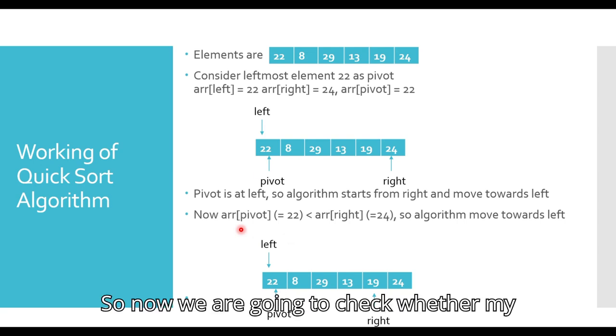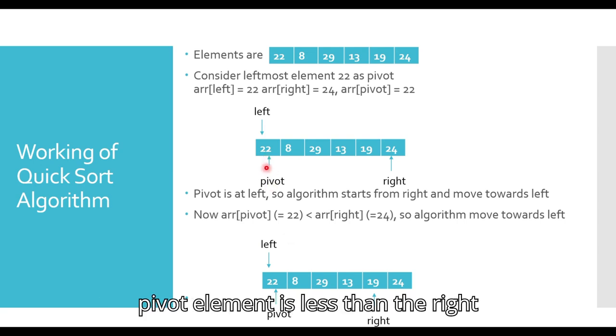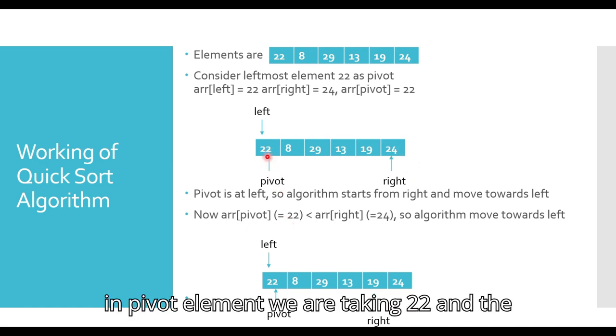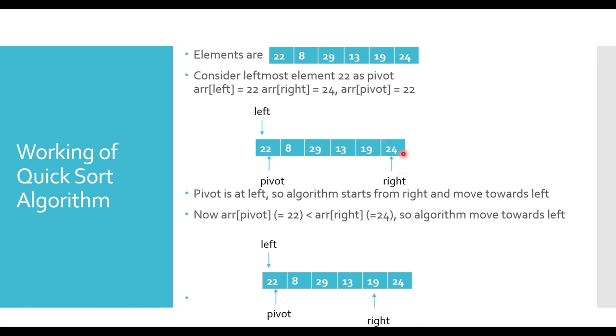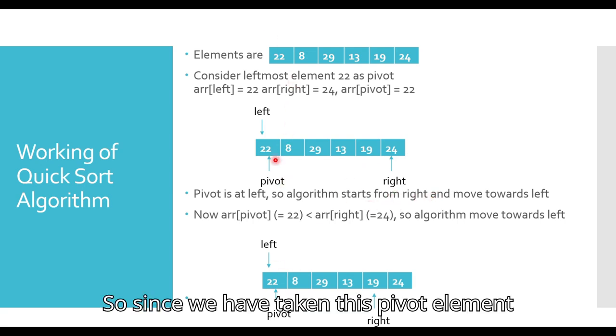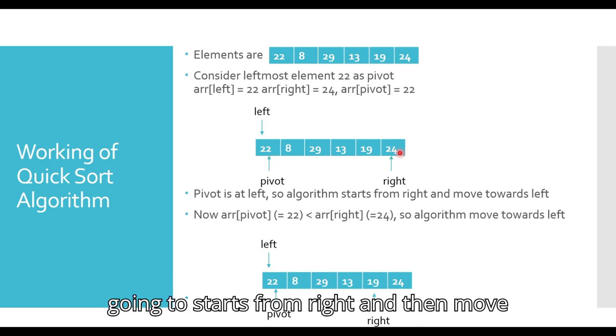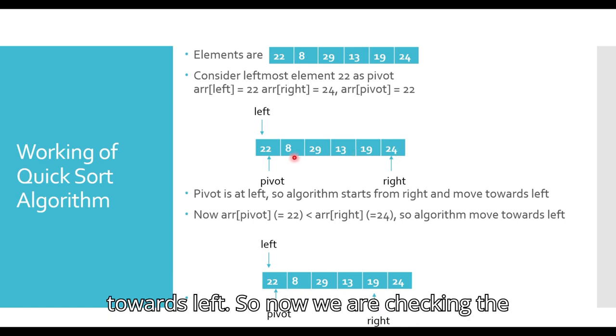Now we check whether my pivot element is less than the rightmost element. The pivot element is 22 and the right is 24. Since we have taken the pivot element on the left side, the algorithm starts from the right and moves towards the left.